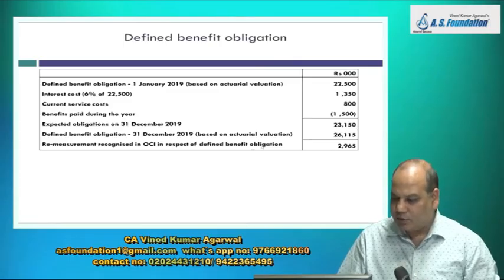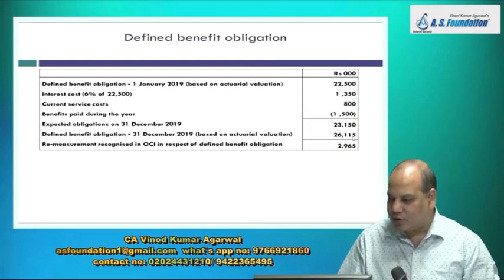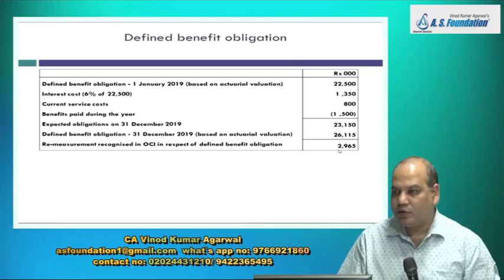And then defined benefit obligation on 31st December 2019 based on actuarial valuation is 26,115. So my difference is 2965.